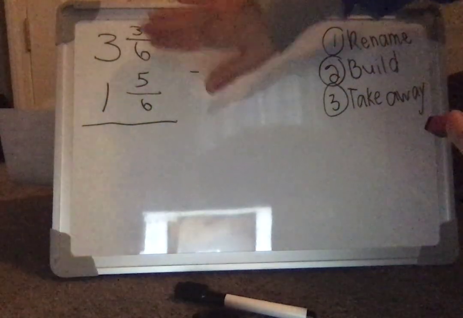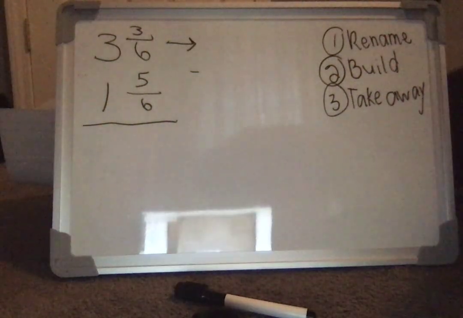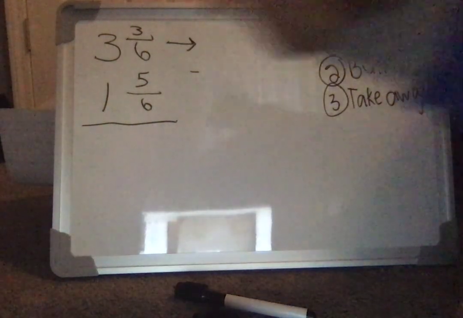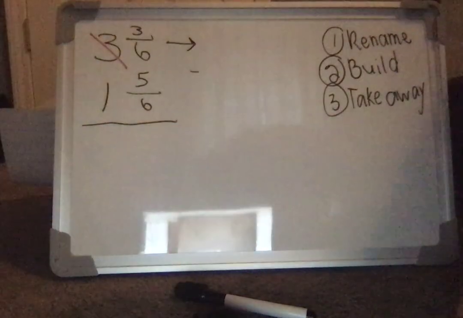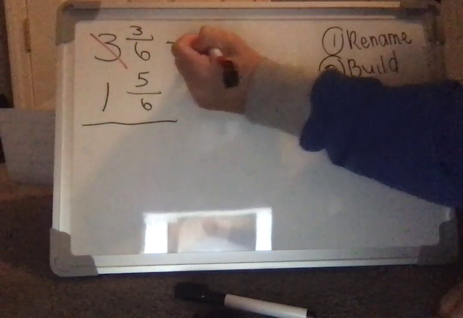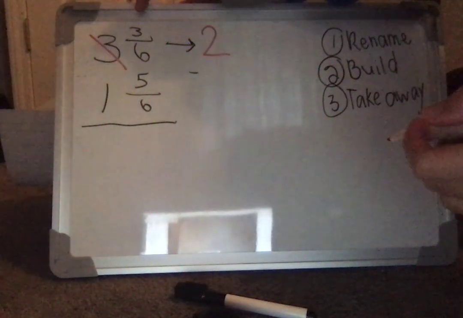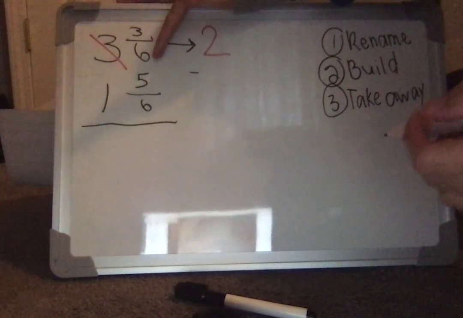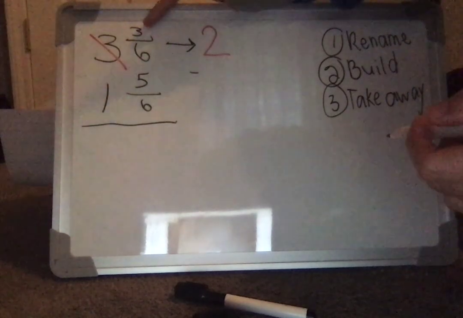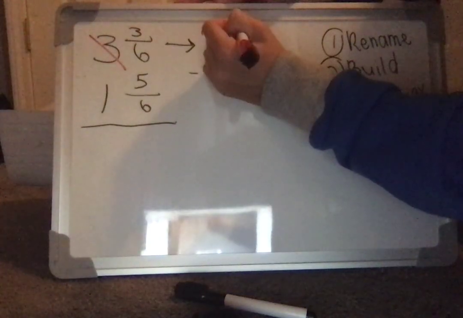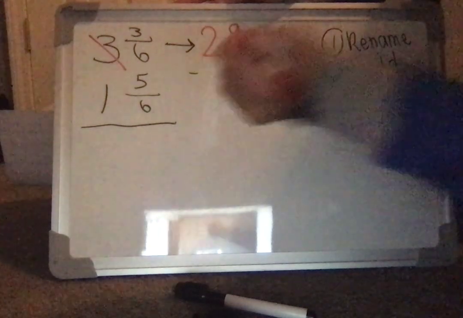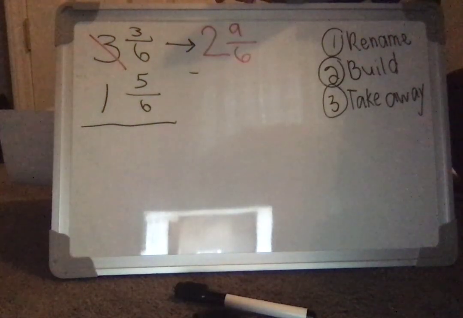So I need to rename, step 1, my 3 3/6. So I'm taking 1 whole away from the 3. It becomes a 2. And then I'm adding that 1 whole to my fraction piece. So when we're working with 6, 1 whole is 6/6 plus 3/6 equals 9/6. Okay, so 2 and 9/6.